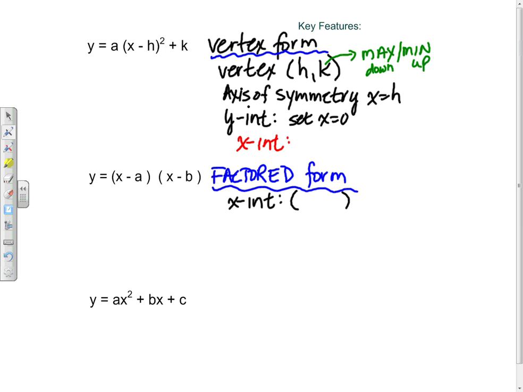One of them would be a, one of them would be b. If we're not sure about the sign, we get those x-intercepts by setting x minus a, whatever you have in that bracket, equal to 0, and solving, and that will give you your first x-intercept. The second x-intercept would be the other bracket, set equal to 0.